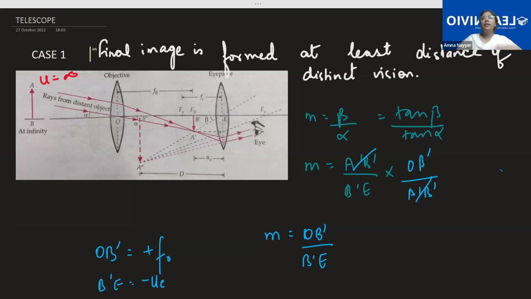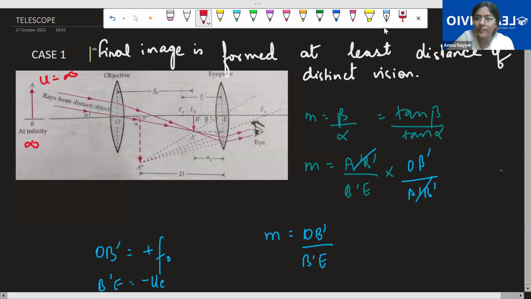It's just that the rays will come parallel to the principal axis. So according to our rules, the object will be at infinity. But the object is only distant, so it has been shown as if it is at infinity, because we cannot put the object at infinity and get our diagrams properly.